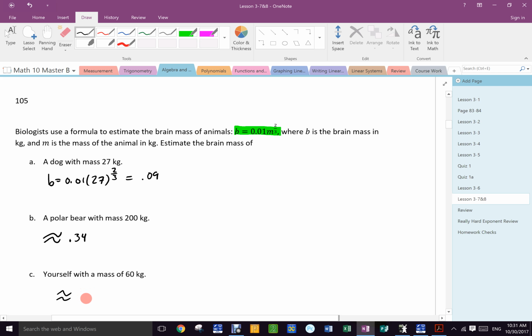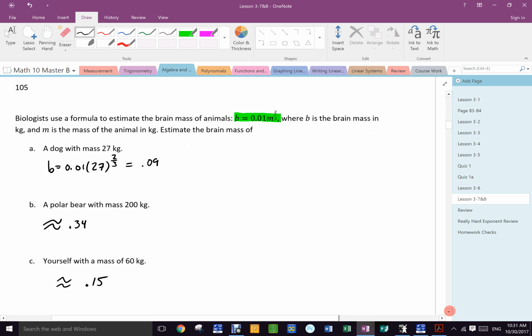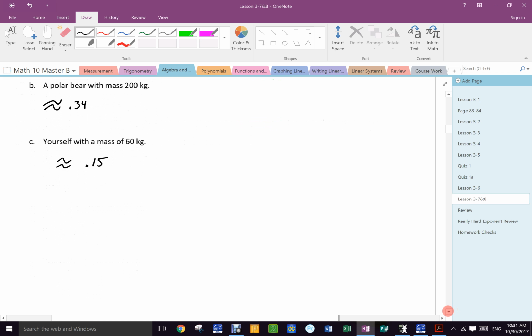What do we get? 0.15. Yay! Everyone can use their calculators even. All right. So now you can use your calculators to do real life science questions, and you can use your brains to do math class questions.